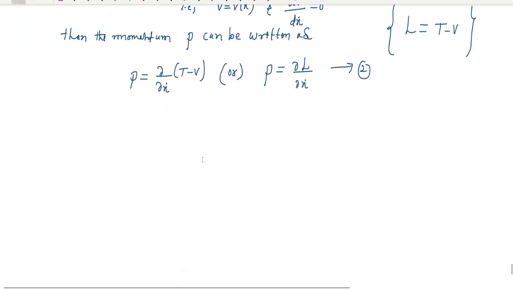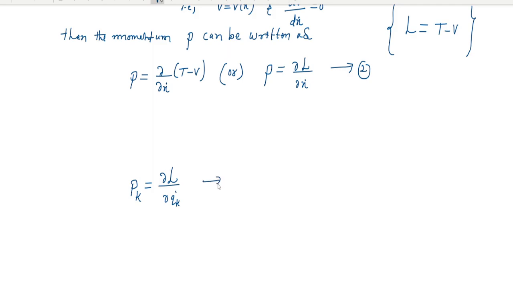Similarly, for a system described by a set of generalized coordinates q's and generalized velocities q dots, the generalized momentum corresponding to the generalized coordinates q's we may write like this: p k equal to partial derivative of L divided by q k dot.